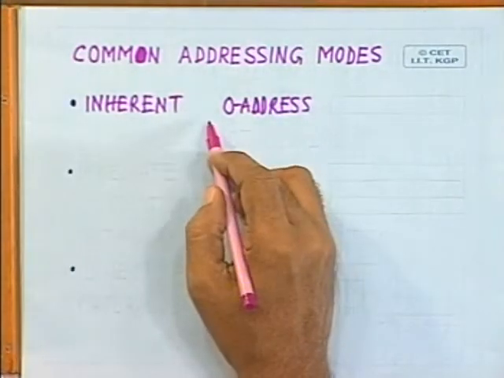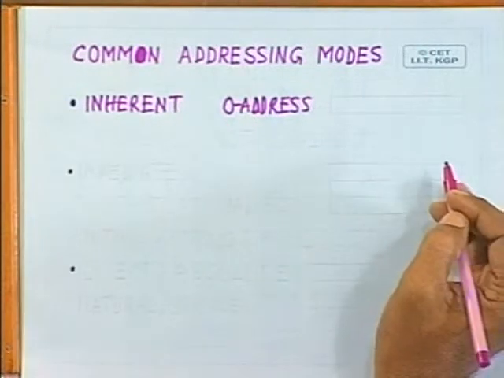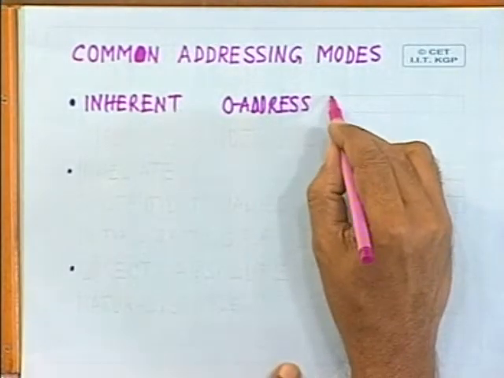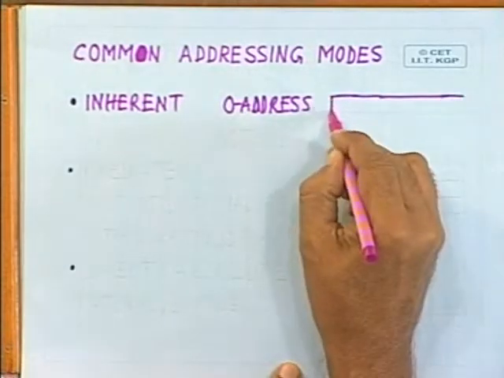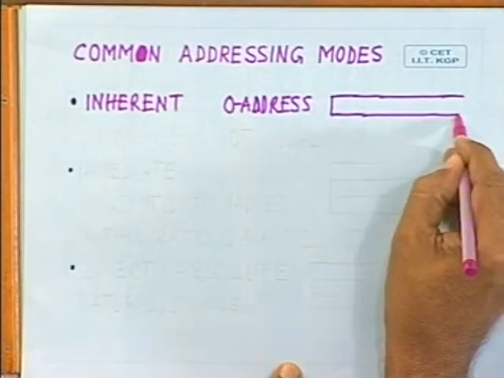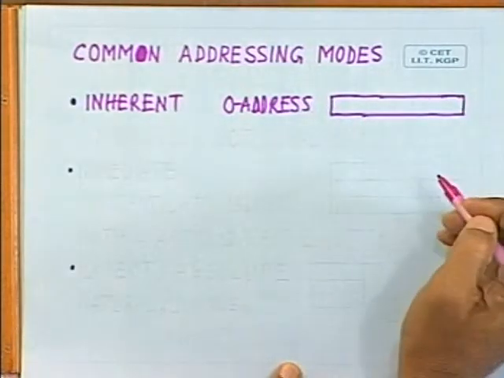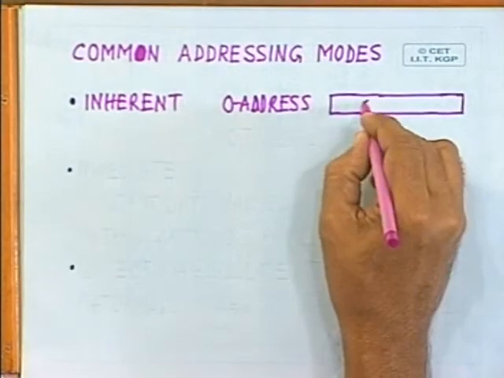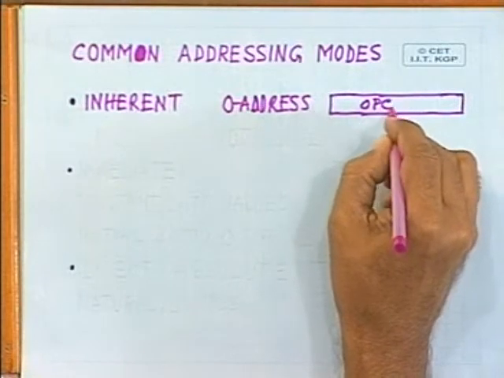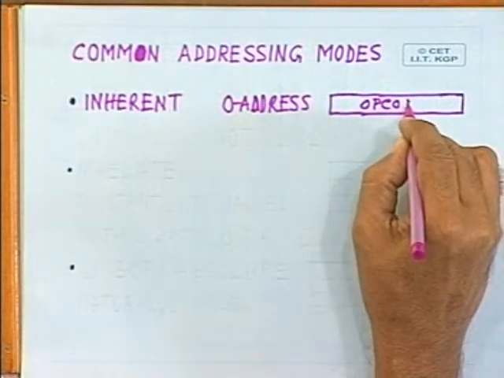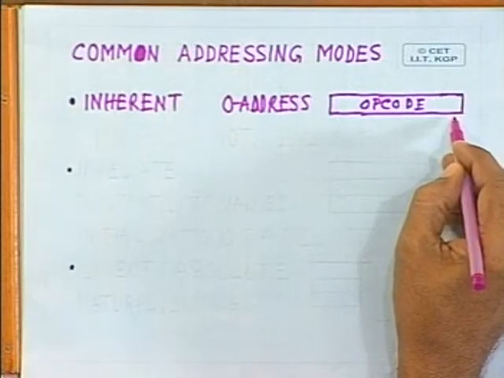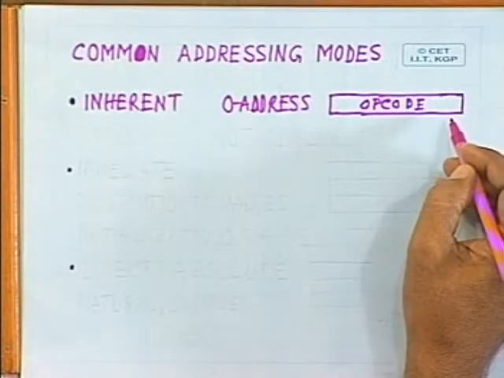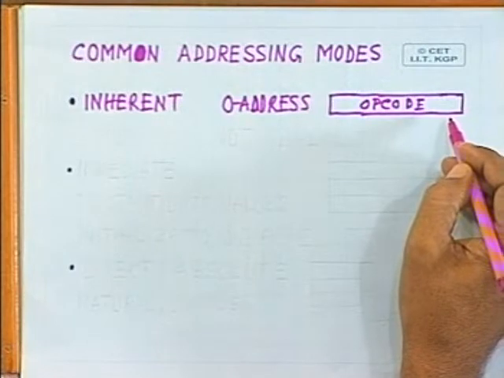Although we are calling it an addressing mode, it is essentially not an addressing mode. Actually, no addressing mode is used to refer to any operand as part of the instruction. Here, the addressing mode is essentially implicit. Only the opcode is provided and the address is implicitly used by the instruction.